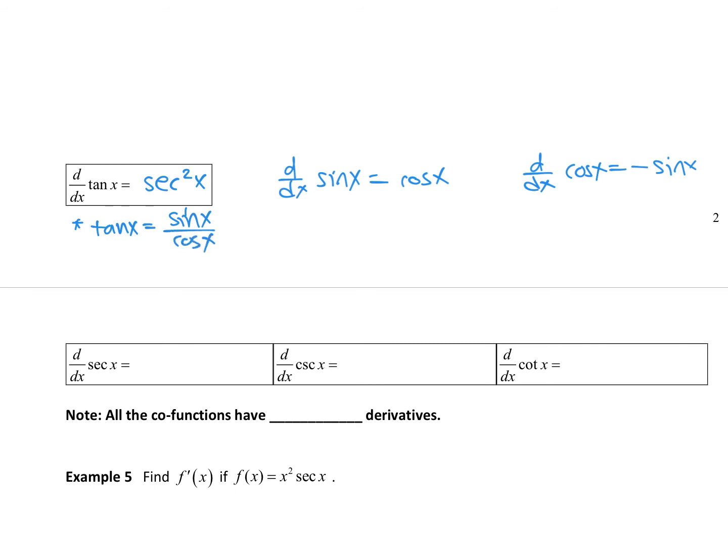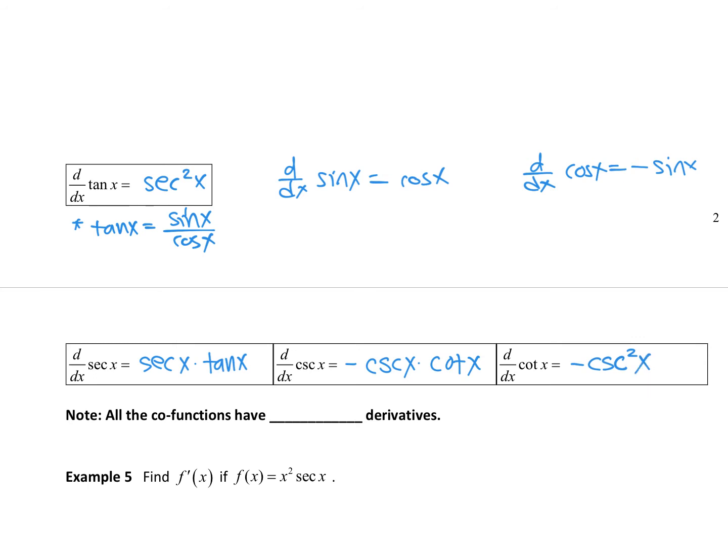The derivative of secant x is secant x times tangent x. The derivative of cosecant x, again it starts with co-something, so it starts with negative: negative cosecant times cotangent x. Then the last one, the derivative of cotangent x is negative cosecant squared x.